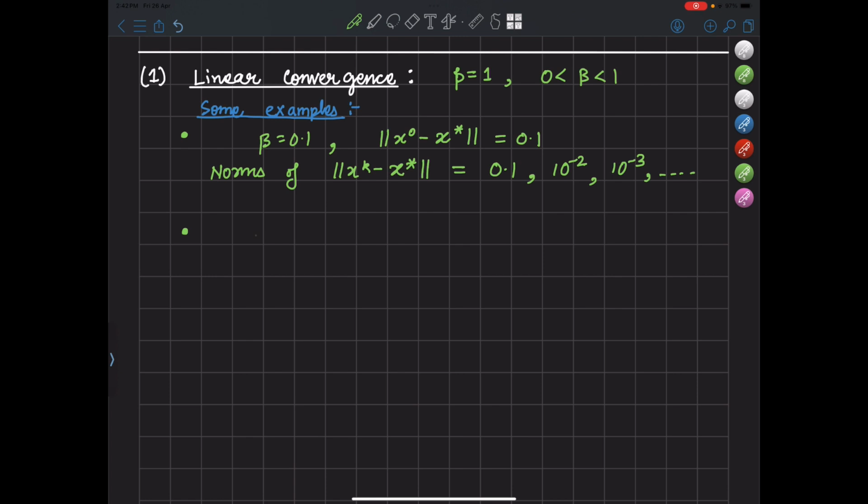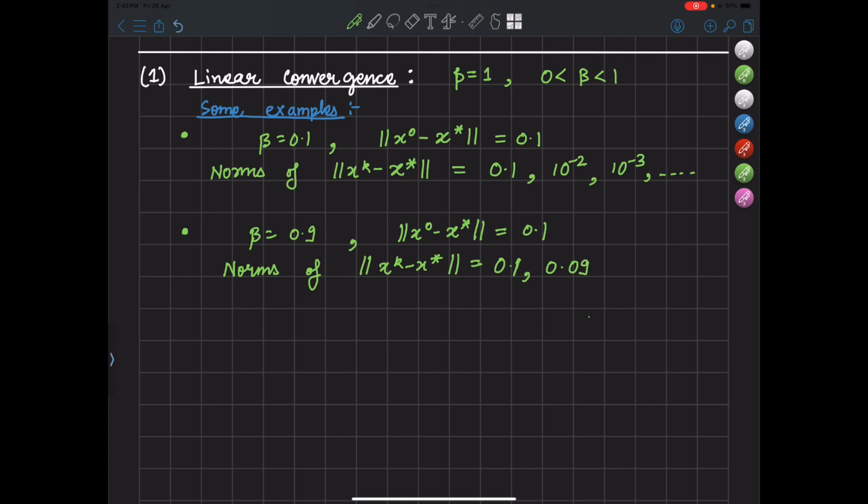Now let's take a look at another example where beta is 0.9 and the initial condition is the same as the previous one. So how do the norms of xk minus x star evolve in each iteration now? It will again start with 0.1, but now it will be 0.09.